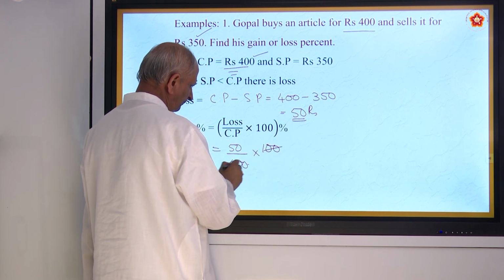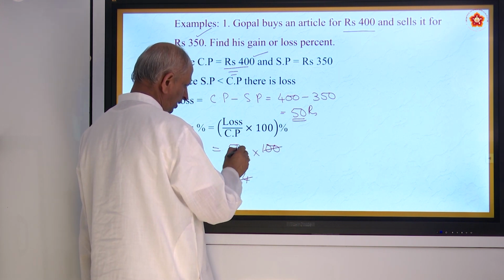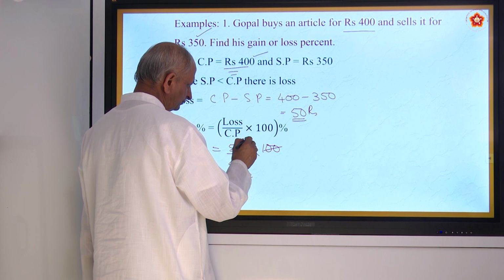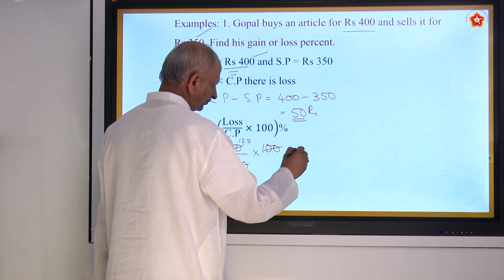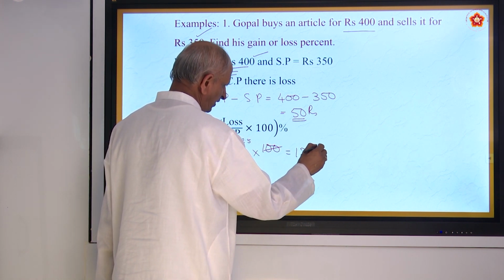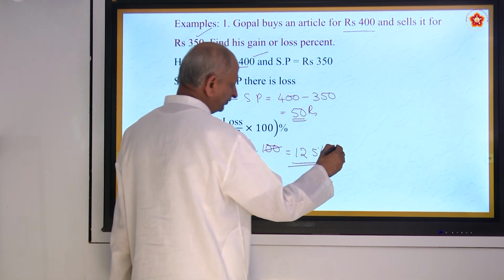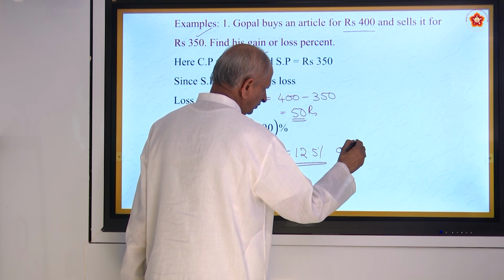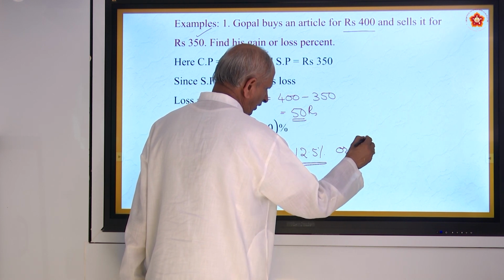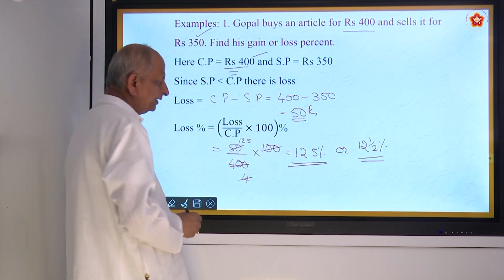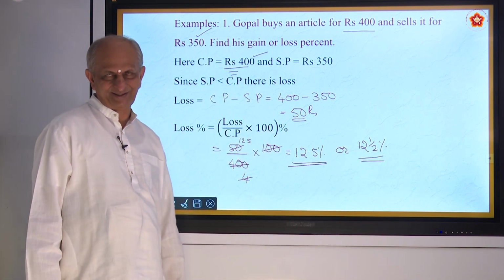So, 100 ones are, 100 fours are, 4 ones are, 4, 50 by 4, 12.5. So, 12.5% is the loss, or you can write it also as 12 and half in fraction form. That's also okay. So, that is the loss percentage.